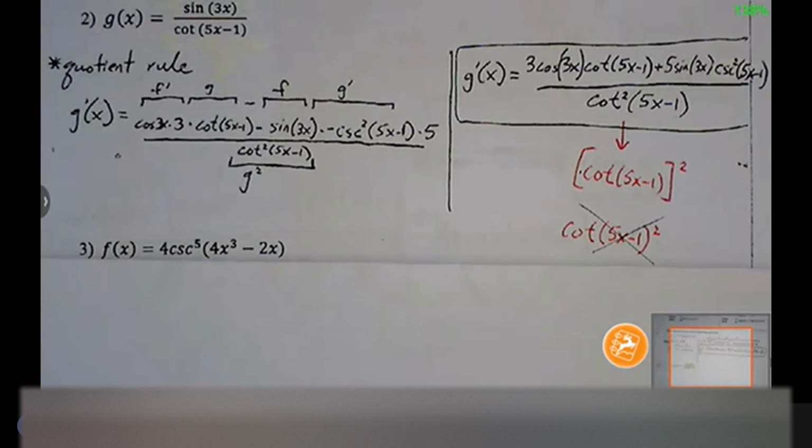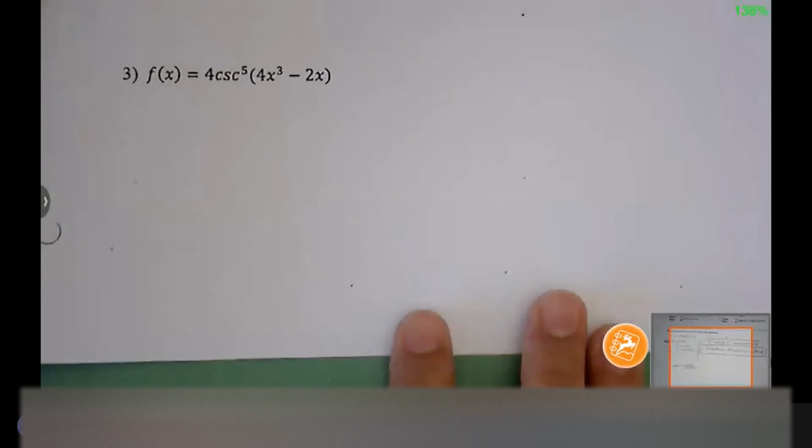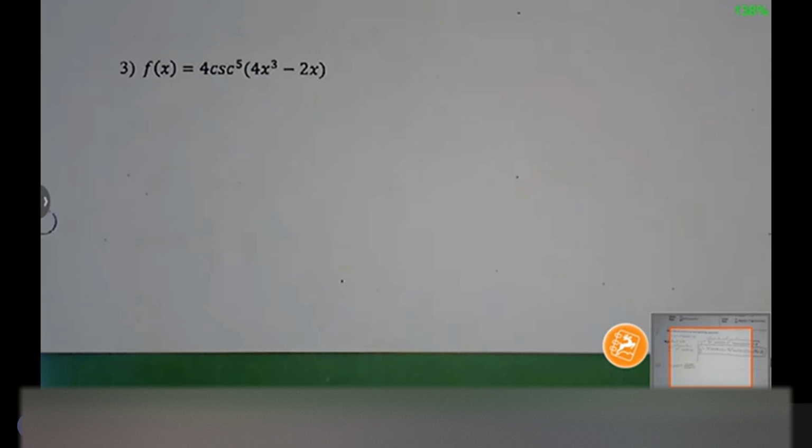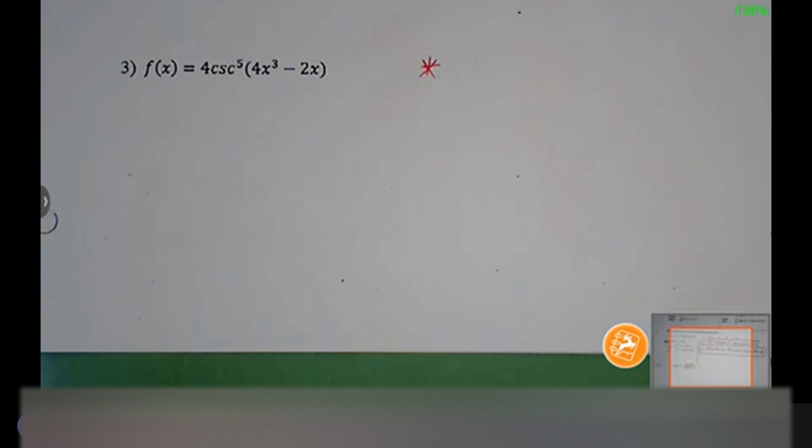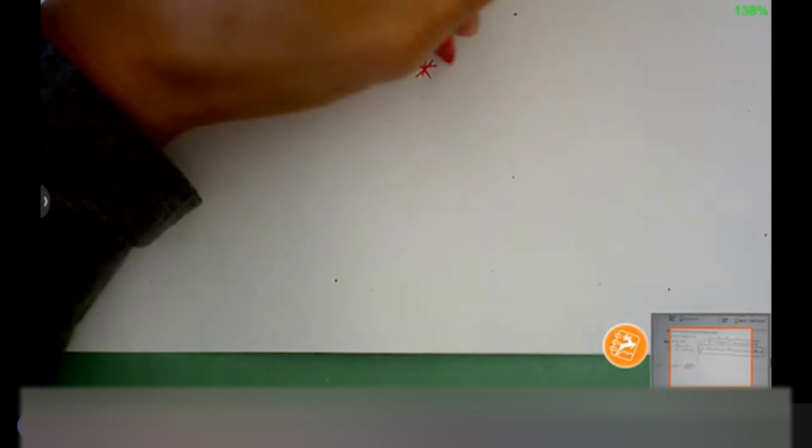All right, does anybody still need to look at number 2? All right, let's look at number 3 here. Find the derivative. What do you see here? We have to use chain rule. This is a function within a function within a function.